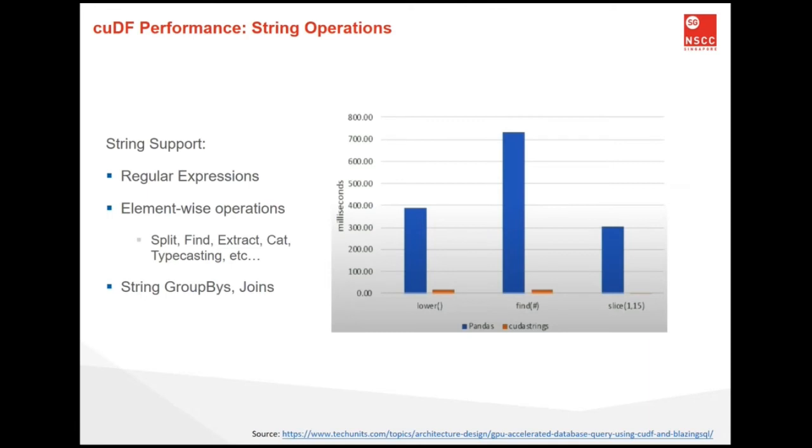cuDF also provides string support. String support is really important for a lot of datasets and a lot of analysis. Currently, RAPIDS has regular expression support, and we can do element-wise string operations like splitting and finding, concatenation, etc. We can also do group bys and joins and sorting on string columns in data frames.